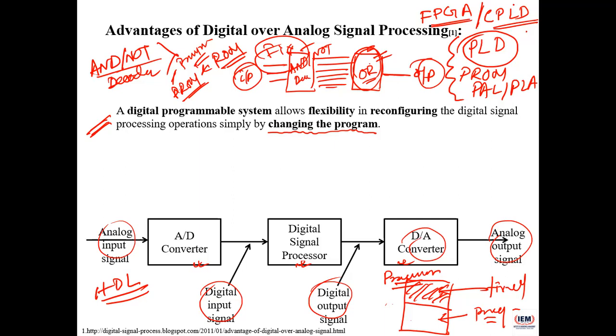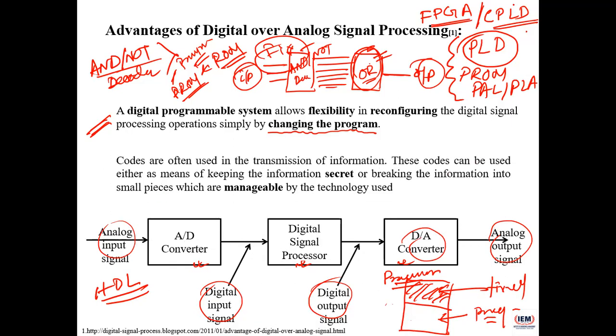A digital programmable system allows flexibility in reconfiguring the digital signal processing operation simply by changing the program. Now, what about the next point? Codes are often used in the transmission of information.